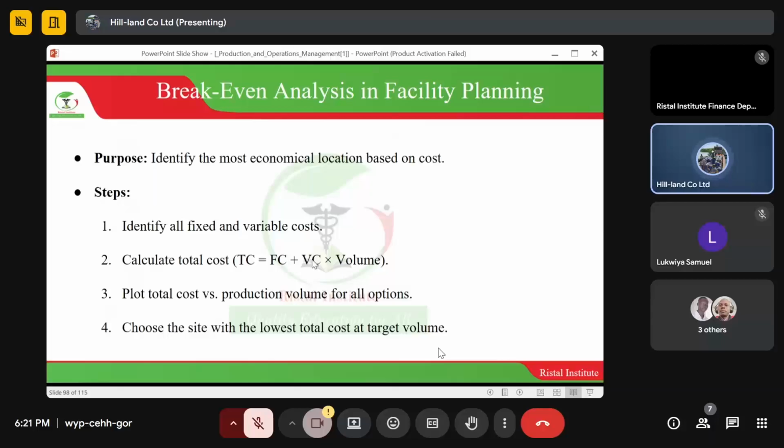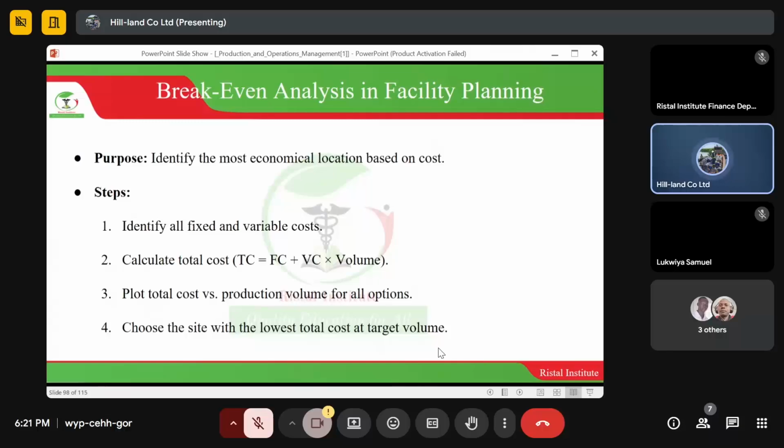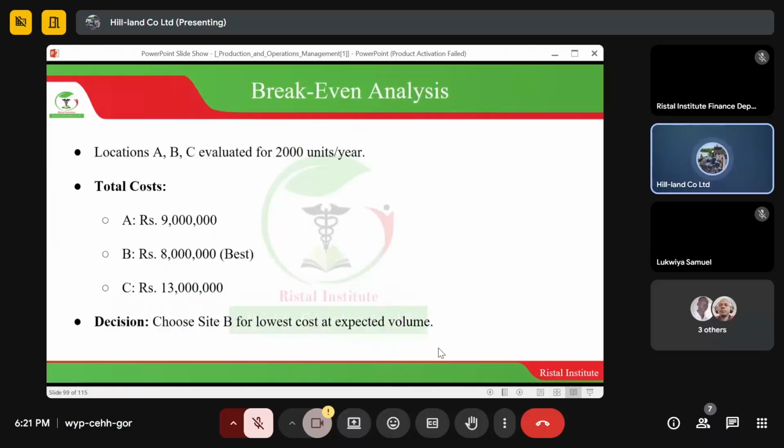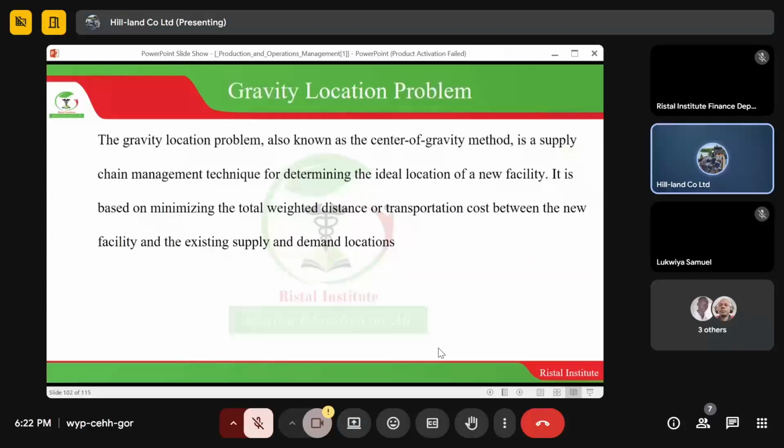And the first formula we used was the break-even analysis. With the break-even analysis, we said we use the formula of the total cost equals fixed cost plus variable cost times the volume, and the area with the lowest figure, area ABC, becomes our alternative.